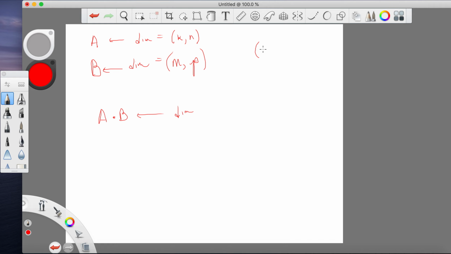I like to write them next to one another. So you have K and N and M and P. This is going to have dimension KP if M equals N. Otherwise, it's nonsense. All I mean by that is that you can't even do the product.